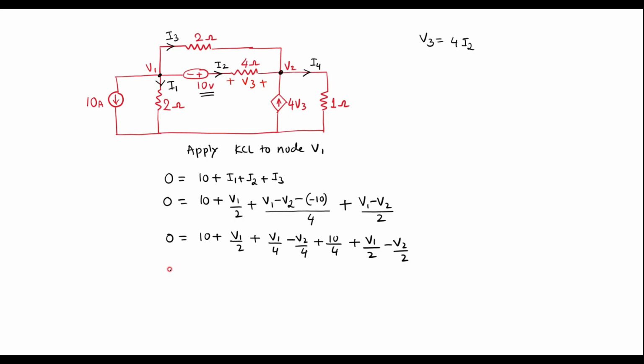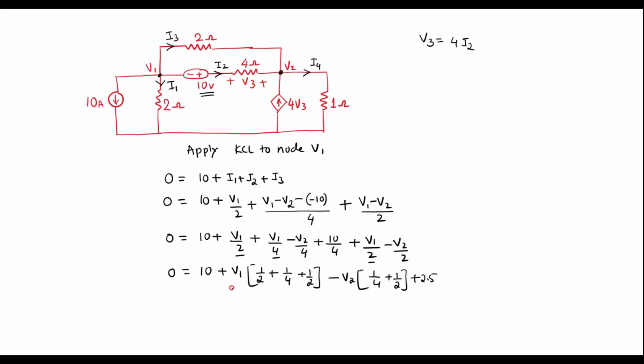So let me simplify, that is 0 equal to 10 plus V1 times (1 by 2 plus 1 by 4 plus 1 by 2), minus V2 times (1 by 4 plus 1 by 2), and here we have 10 by 4, that is 2.5.